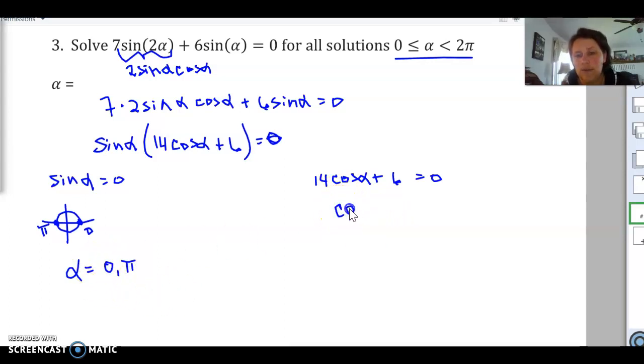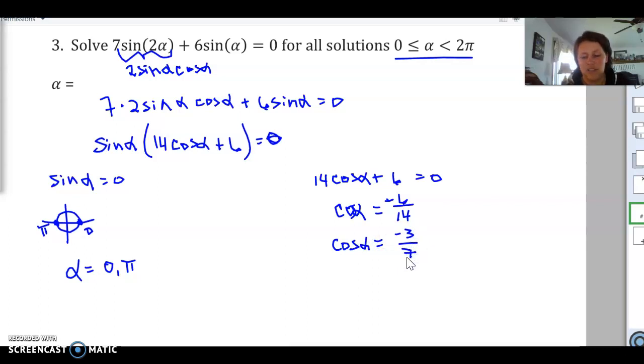On this side, we have cosine of alpha. I'm going to do some algebra here. So subtract 6 from both sides, divide by 14. So cosine alpha equals negative 6 over 14. Oh, I forgot an s in there, didn't I? All right, cosine of alpha equals negative 3 over 7.